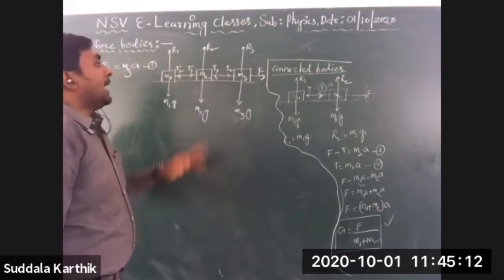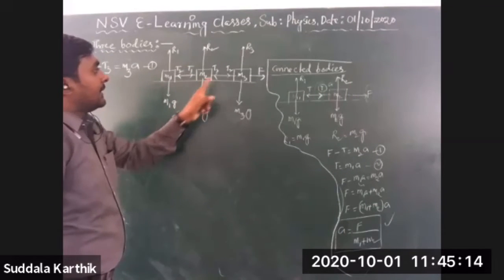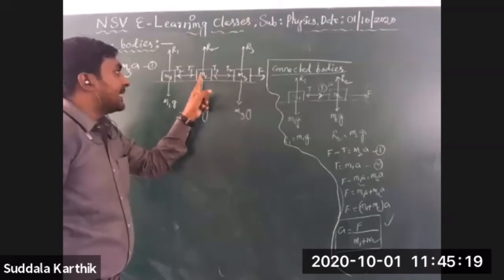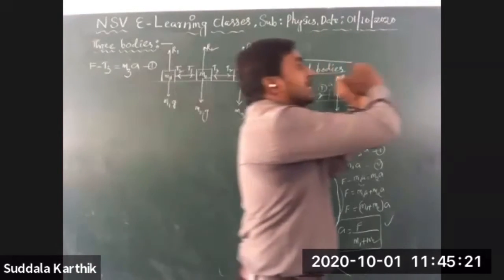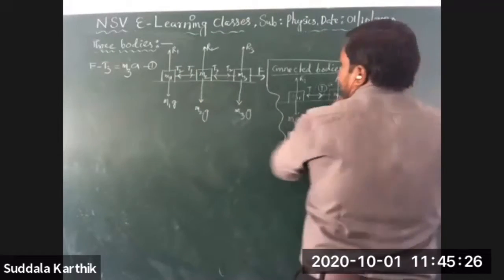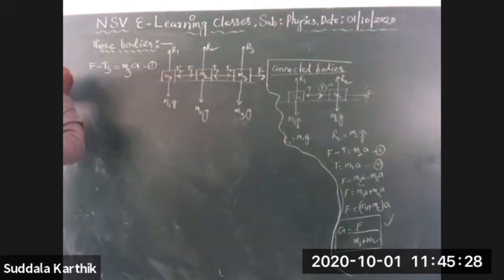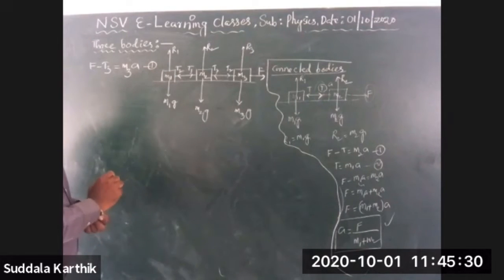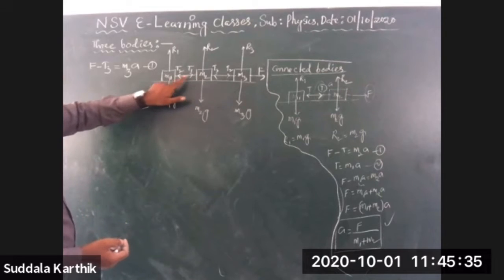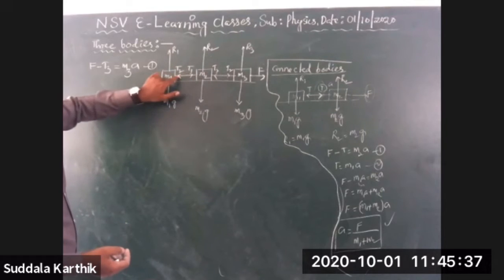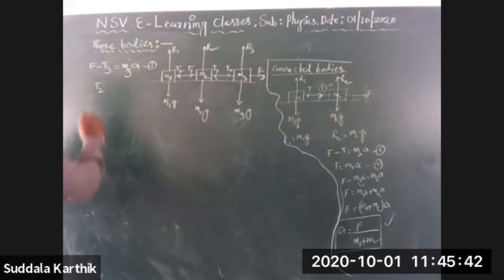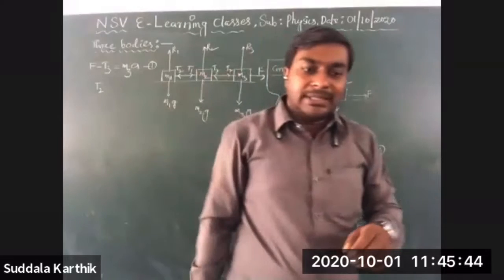Now the second body. On the second body, how many forces are there? T2 is acting on which body? Not on the third body, on the second body. T2 is acting in this direction, pulling in this direction. You can tell, don't worry.